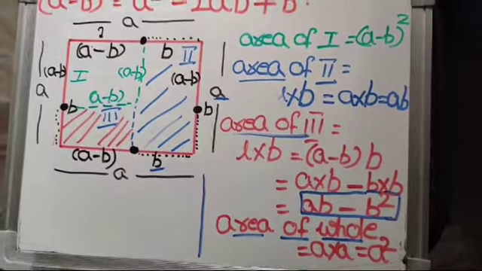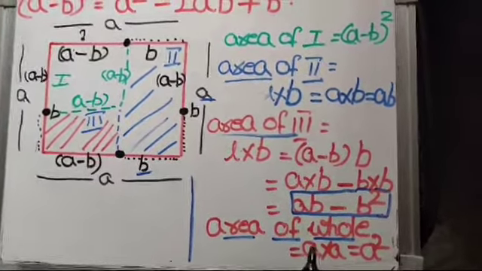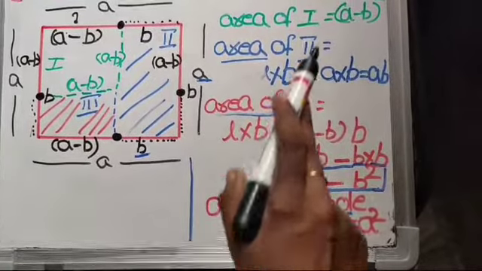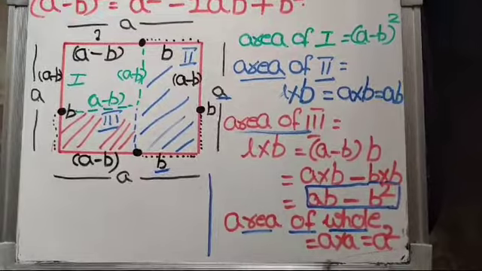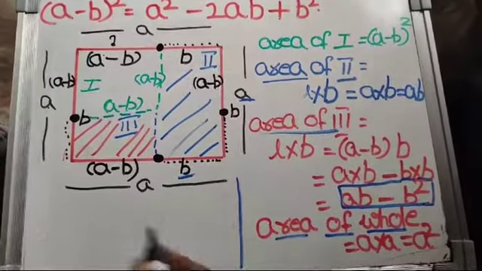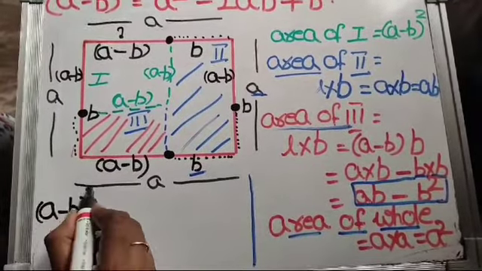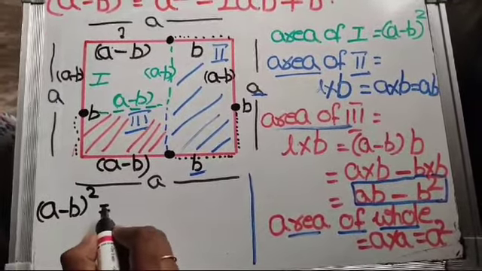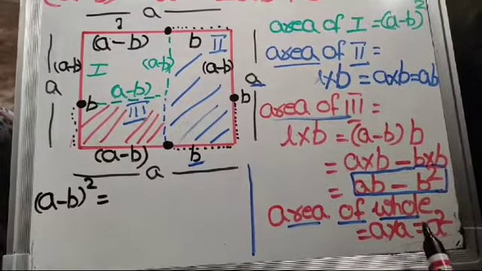Now take the first one. In order to get A minus B whole square, what we have to do? We have to take the whole square and the remaining parts we have to subtract from it. So start writing A minus B whole square, which is the area of the first one. And now the area of the whole square.